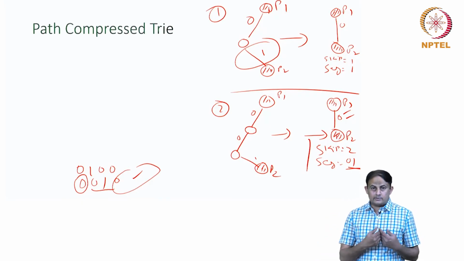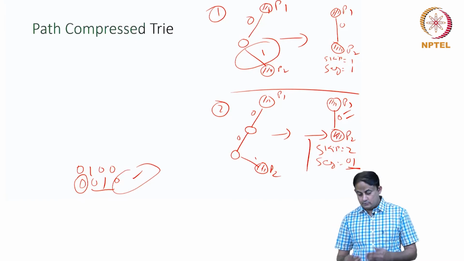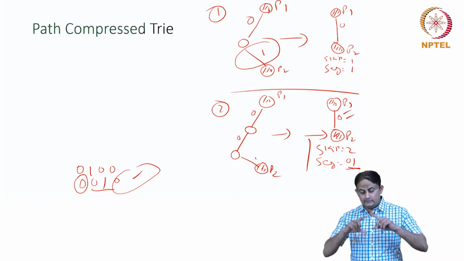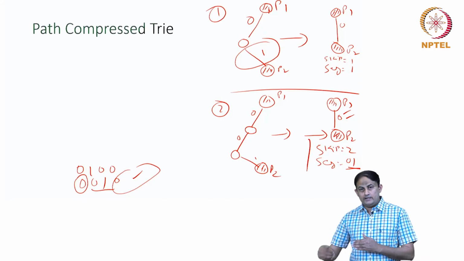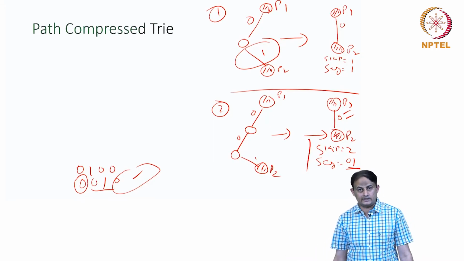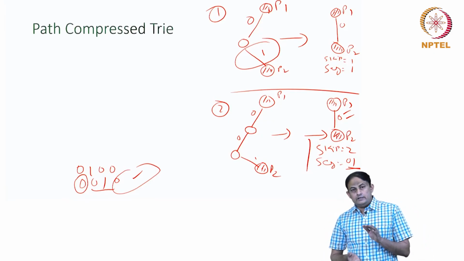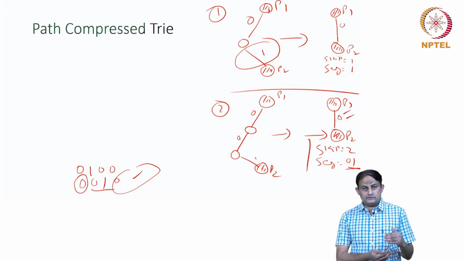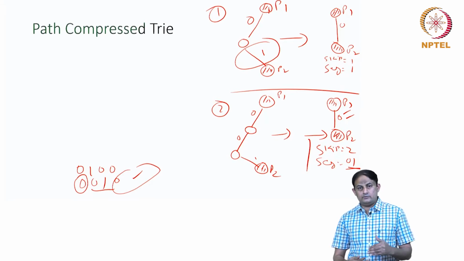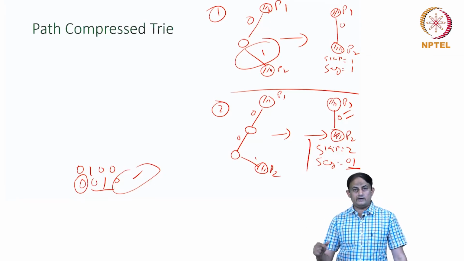In effect, at the expense of storing some more content in the node, I am trying to minimize the number of memory references, the pointer references, that I have in the table. This is possible if you have a processor inside the router which is capable of doing multiple bit comparisons in one go.